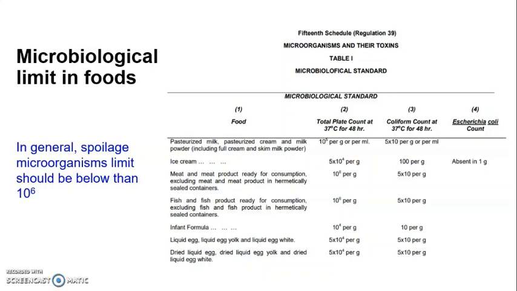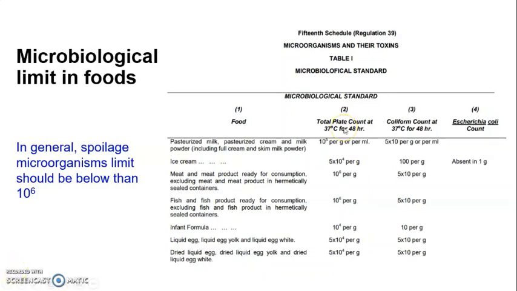Considering that sometimes the temperature fluctuates a little, and maybe the relative humidity is not as constant as we want it to be, in microbiological standards most food should contain microorganisms at less than 10 to the 6. Above 10 to the 6 indicates that the food needs to be thrown away because it's unfit for consumption.